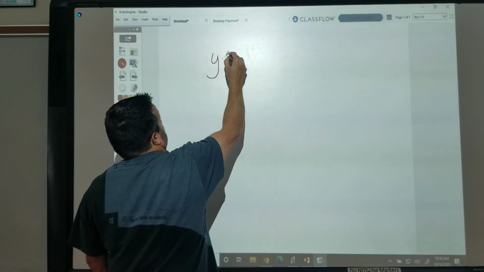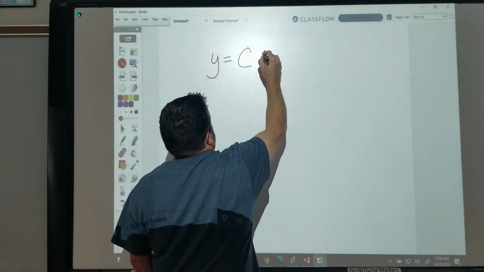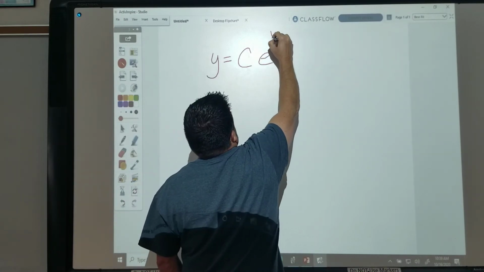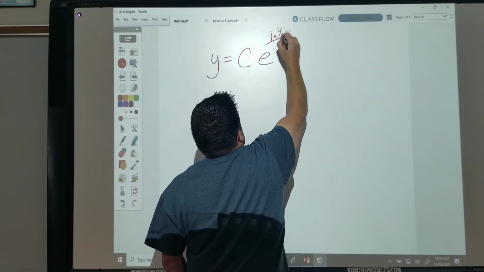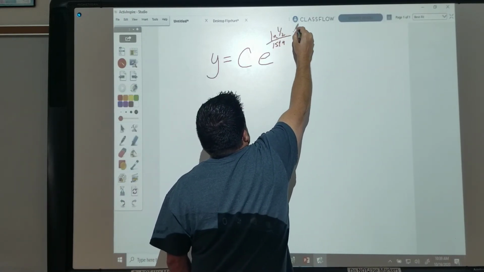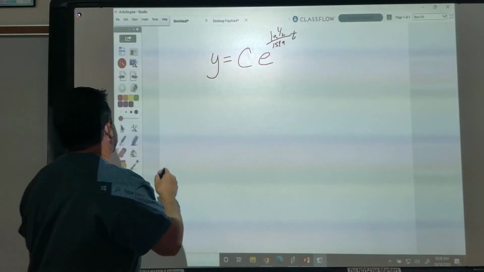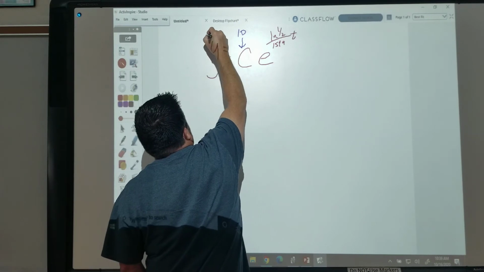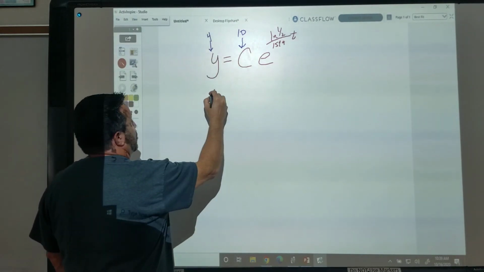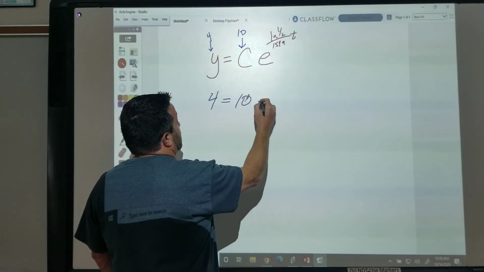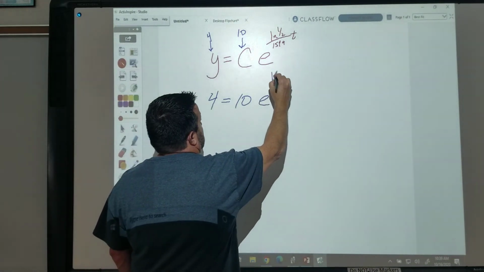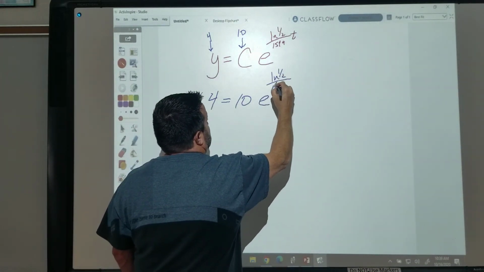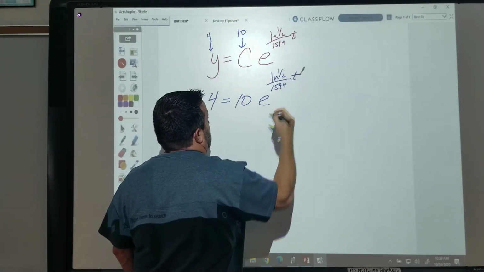So I have Y equals C times e to the natural log of 1/2 over 1599 times T. But this time I'm going from 10 grams to 4 grams. So 4 equals 10 times e to the natural log of 1/2 over 1599 times T.